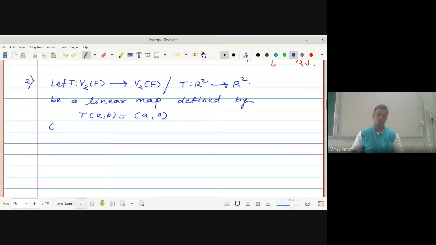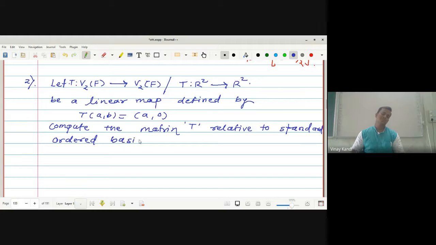Okay, so compute the matrix capital T relative to standard ordered basis.